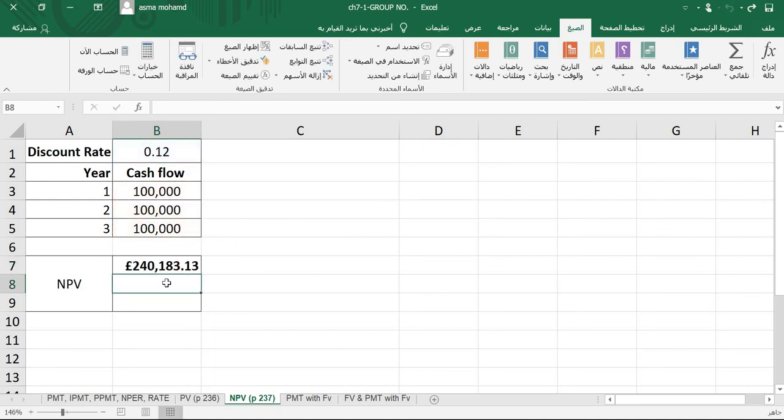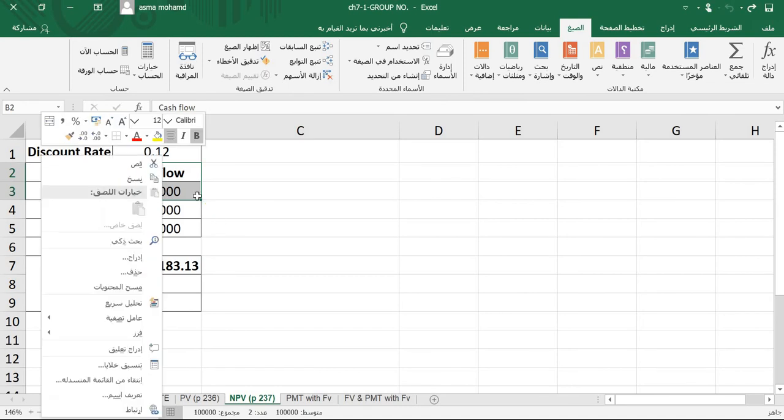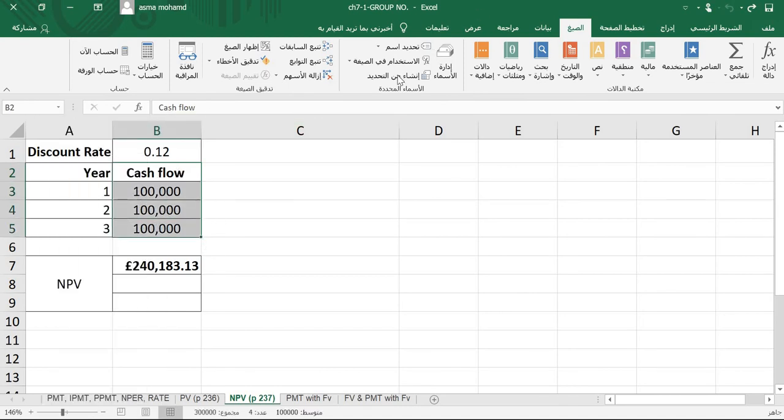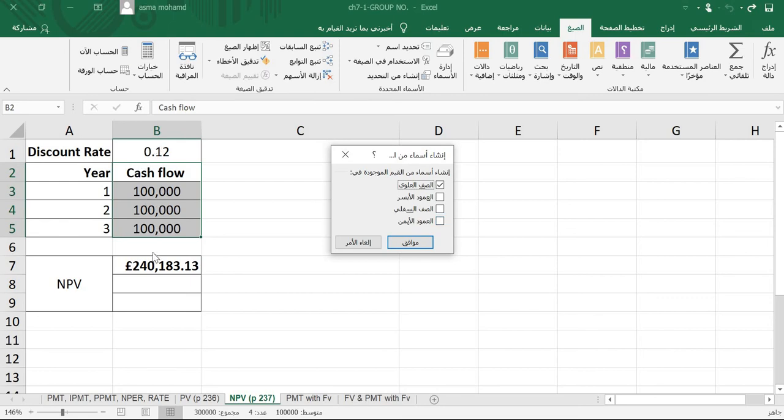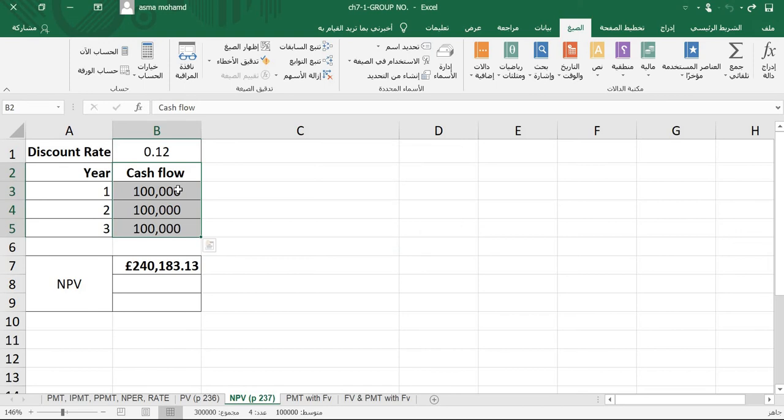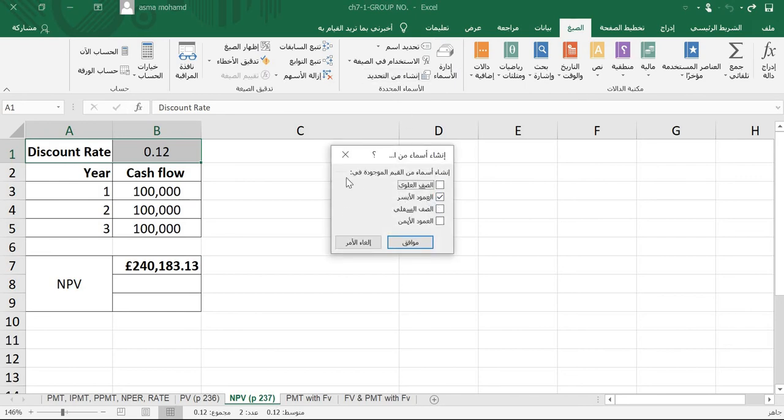Now it's worth 240,000 riyal. We can use the defined name to help us, so we can name this as cash flow. We tell Excel that the name is in the upper row. And also here, for example, if I want to give it a name, we will tell Excel that this 12% name is on the left column.